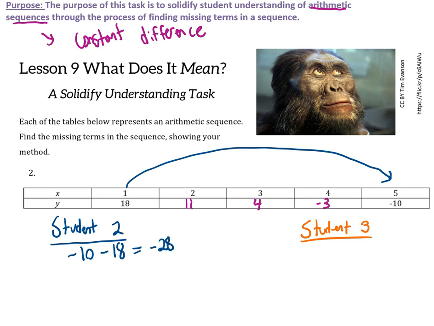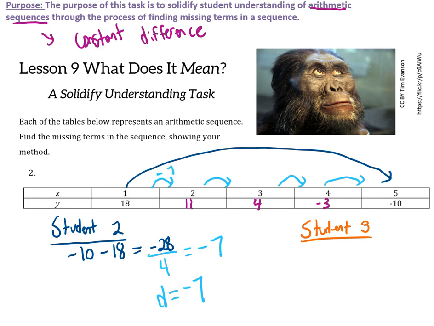So I need to go down by 28. And I know that to get there, I have to do 1, 2, 3, 4 steps. So a decrease of 28 broken into 4 steps would be 7, going down by 7 in each step. And so that means that the common difference is going to be negative 7.